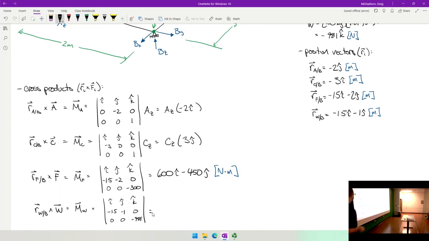Now we can go ahead and put in that weight of negative 981 right here. And so when you chug that out, you get 981I minus 1471.5J. And that's what we've got.